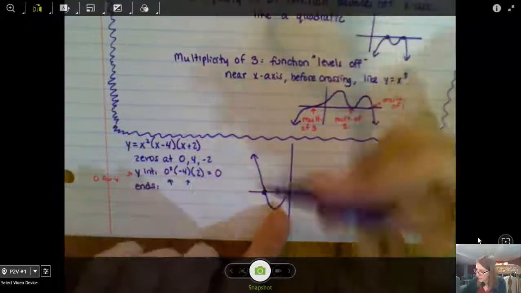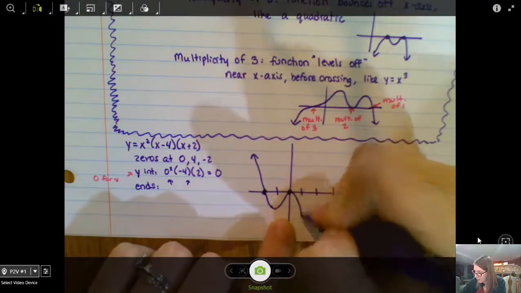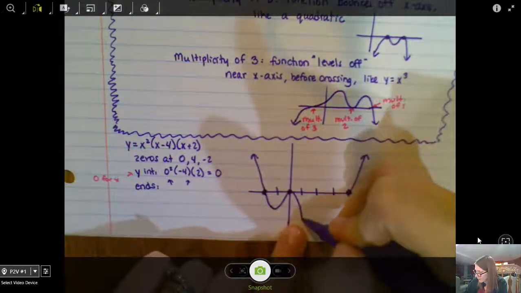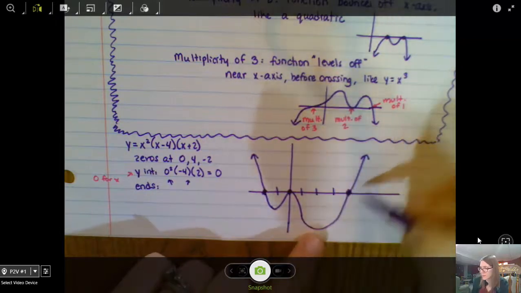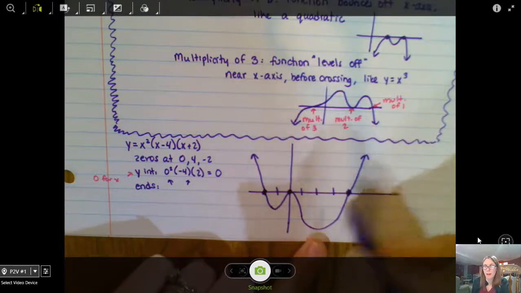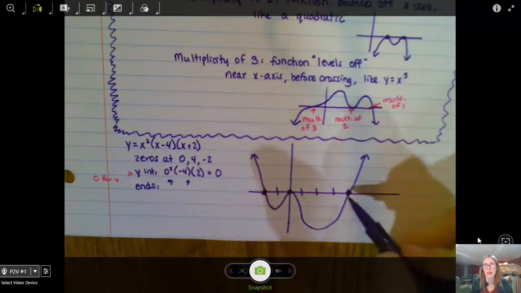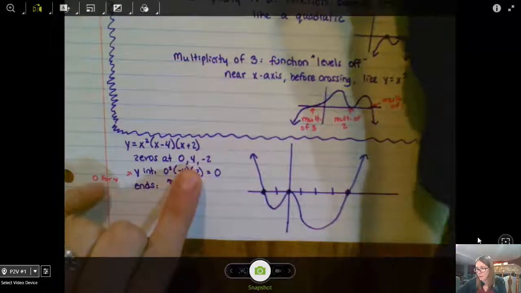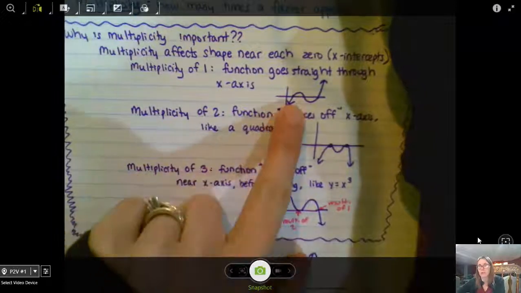So right here, we hit our x-intercept, but we bounce off. We don't actually cross. And at some point, we turn around. Again, we don't really know where that is. We turn around, though, before we head back to our 0 at 4. And that 0 at 4 had a multiplicity of 1. So we go straight through the x-axis.